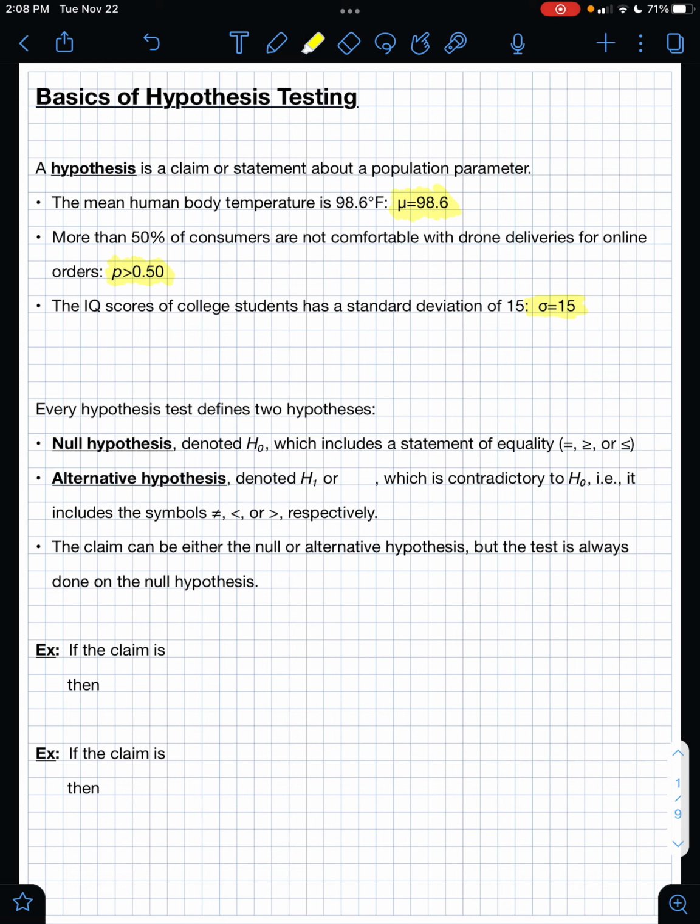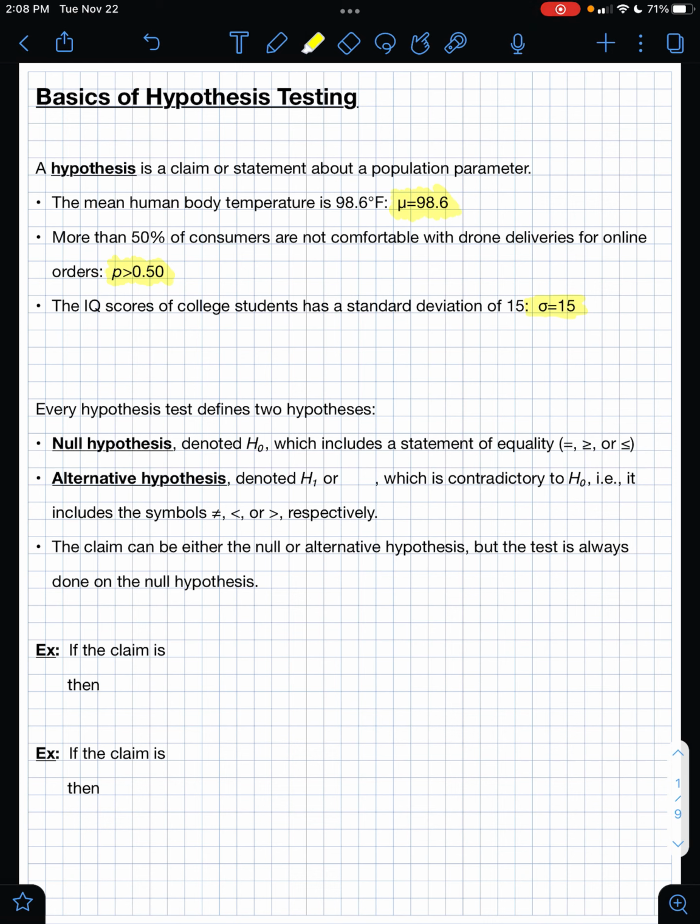But how do we actually know any of them are true? Maybe they're not. Maybe they are. Maybe we can find evidence against them, or maybe we can find evidence to support those claims. In any case, we would do a hypothesis test to test these claims and see if our evidence supports them or if our evidence does not support them.